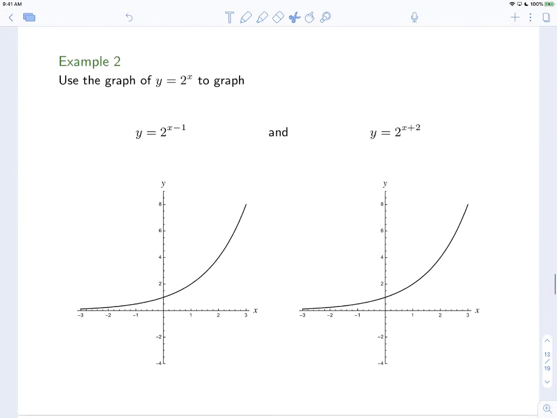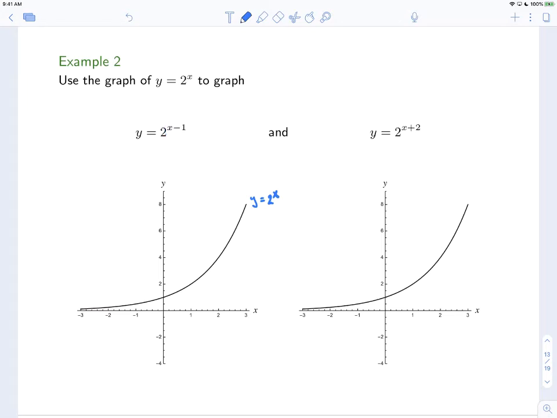In this example, we want to shift to the left and right rather than up or down. So now we're looking at y equals, our parent graph is still the same, it's y equals 2 to the x, like so. But now we're going to shift to the right by 1 unit. So remember, that's when you subtract 1 from the x, that means you shift to the right by 1 unit.